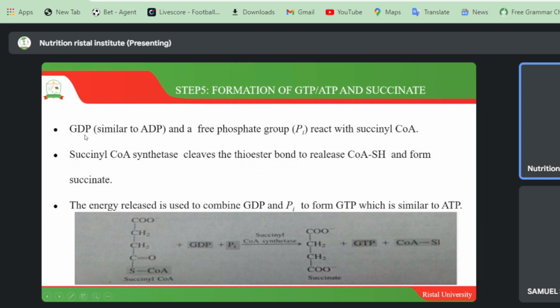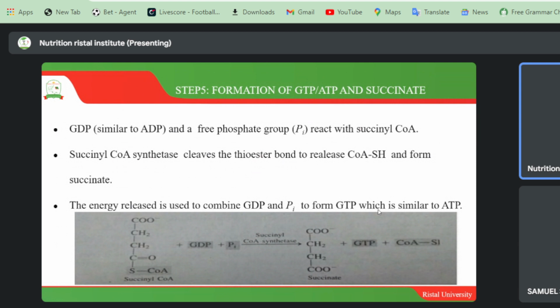Or this is guanosine diphosphate, and then a free phosphate group, and an enzyme called succinyl-CoA synthetase here will cleave this bond of CoA with the sulfhydryl bond. So the breakage of this bond releases some energy that helps in the combining of GDP to inorganic phosphate to form our guanosine triphosphate, a molecule that is also similar to ATP.